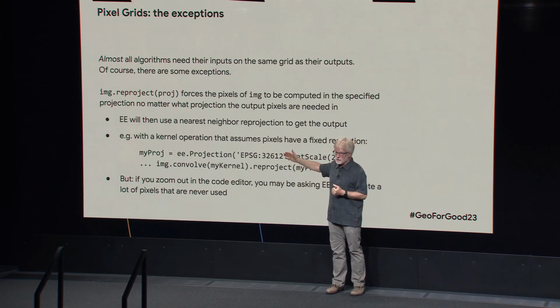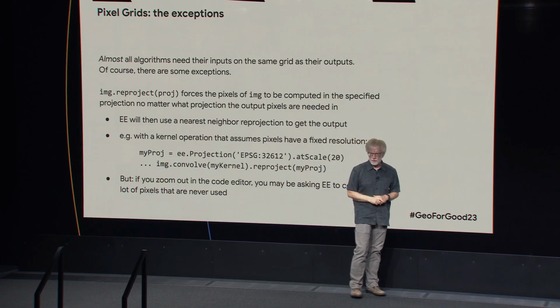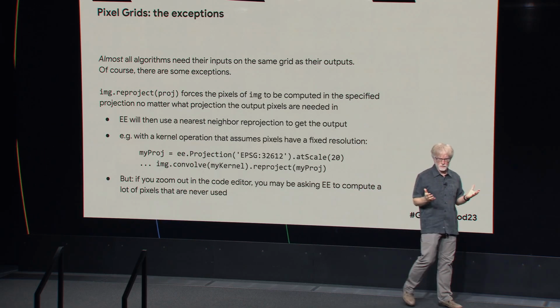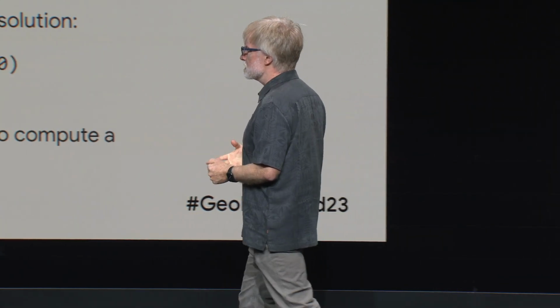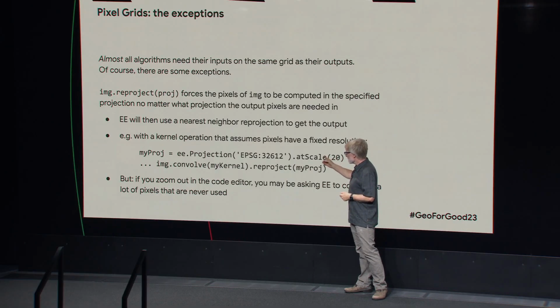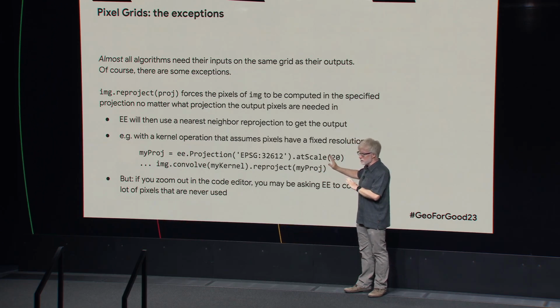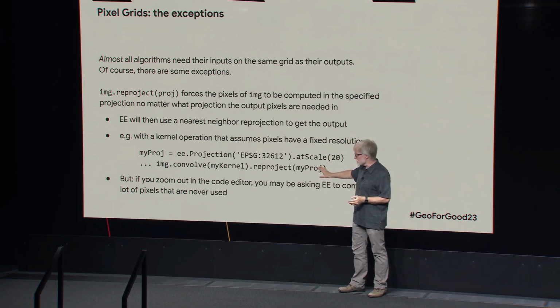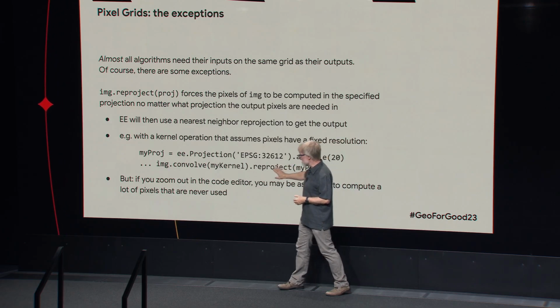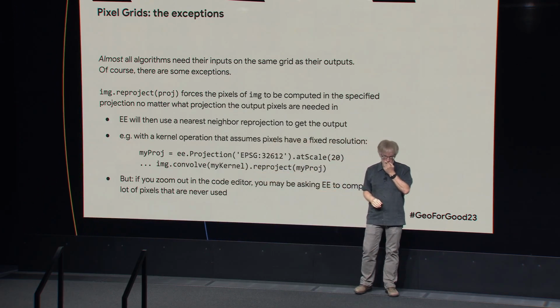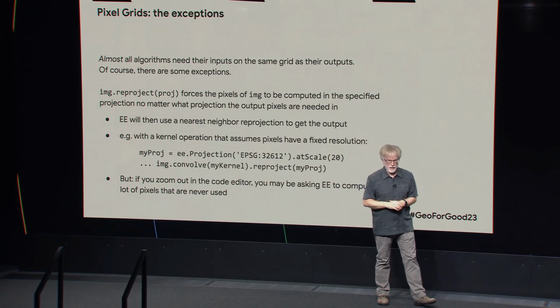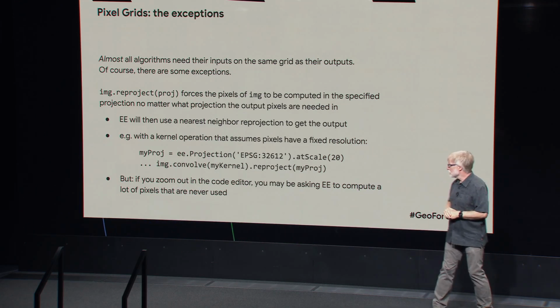If you actually ran it on 2-meter imagery or 200-meter resolution imagery, you'd get no results, or you'd get garbage results or whatever. So if you're doing that kind of thing, you need to force the projection with something like this. And that basically just says, ignore the output projection, whatever it is, do this computation in this projection, and then do whatever needs to happen next to use that result.